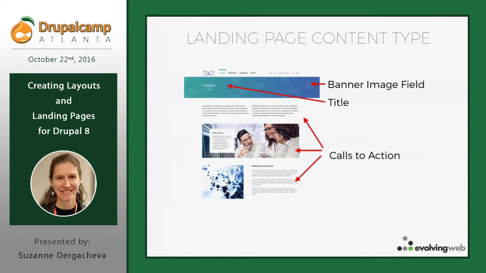So here's just another example of a similar requirement with a landing page, where you might want to create a landing page content type with a banner image and a title as standard fields, and then these calls to action that you can add further down the page.